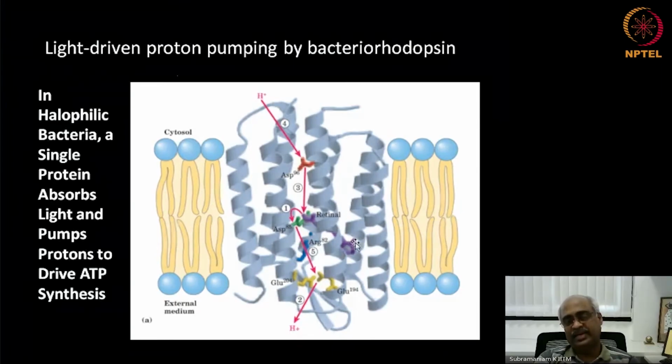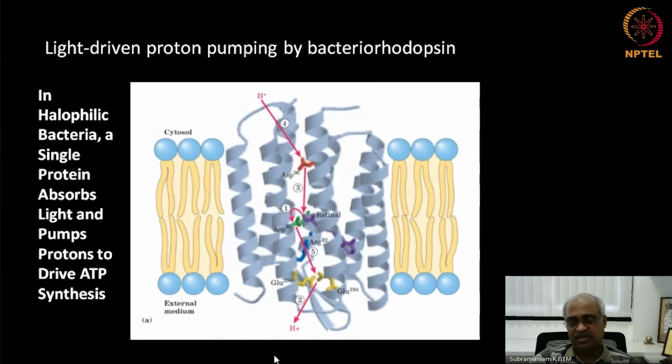So when light directly activates bacteriorhodopsin and pumps proton, then you have a proton gradient generated. And when that proton gradient goes via the ATP synthase, you get some ATP produced. Okay. No reducing equivalent, no other carbohydrate synthesis, nothing.